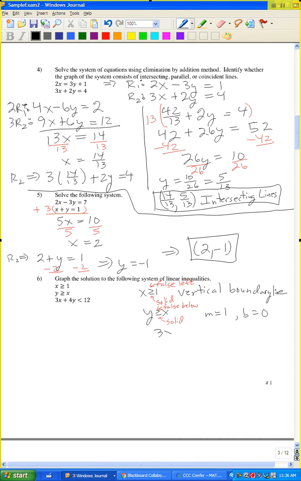Let's subtract 3x from both sides. Divide by 4. And so you get y is less than negative 3/4 x plus 3.